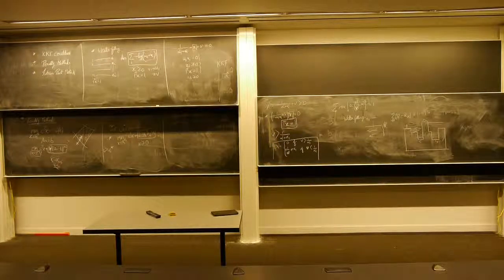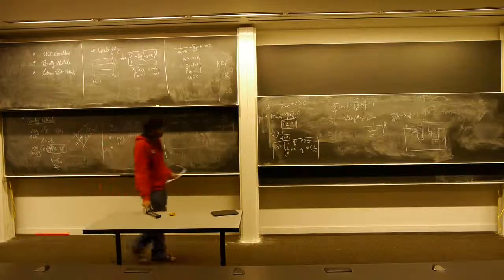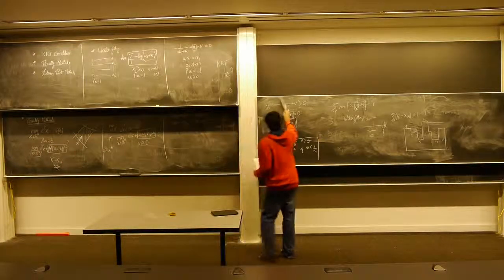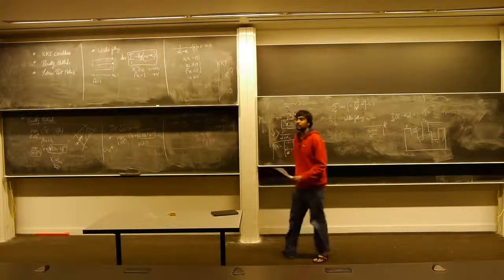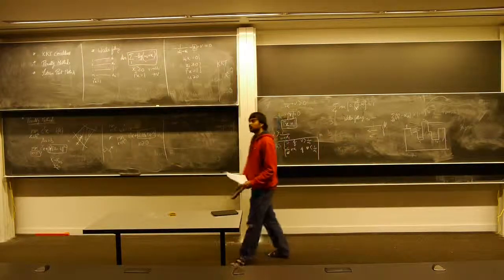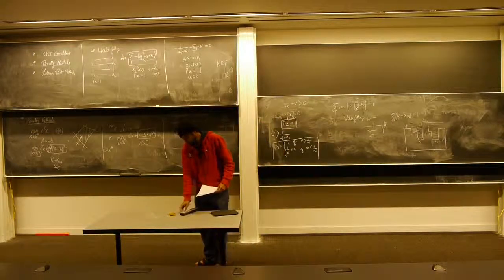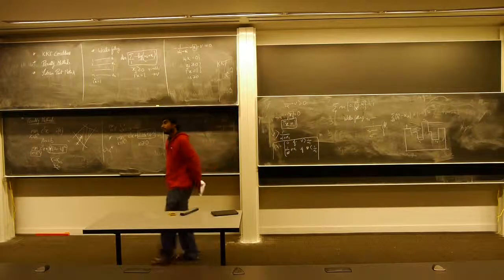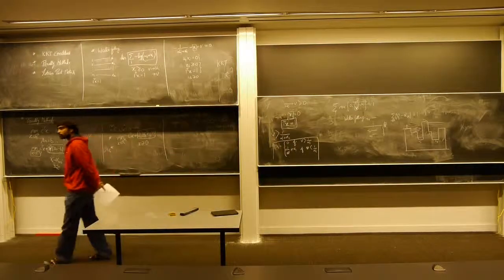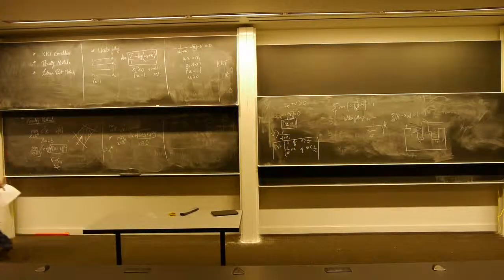Right, so any questions on this? A question was raised about what happens if gamma k is outside the set and gamma k plus 1 is somewhere inside the set, then you can search for something in between.